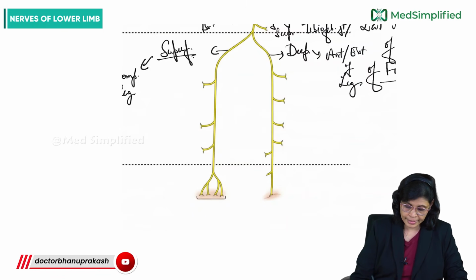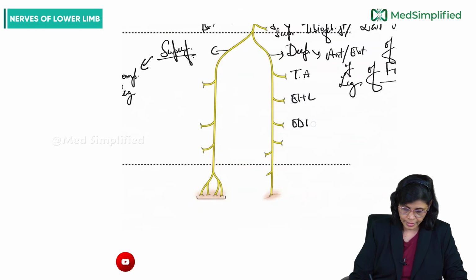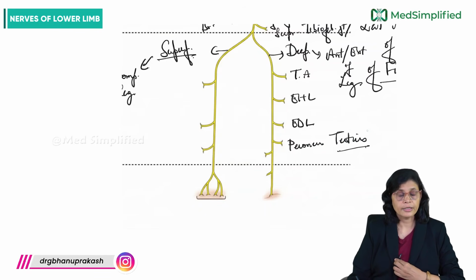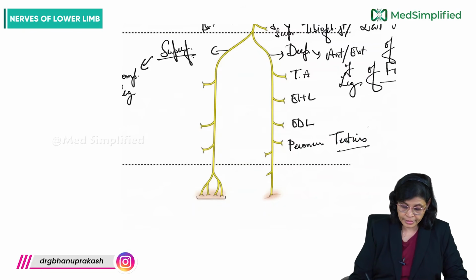There it will supply all the extensor muscles, that is tibialis anterior, extensor hallucis longus, extensor digitorum longus, and peroneus tertius. So these are the muscles supplied by the deep branch.